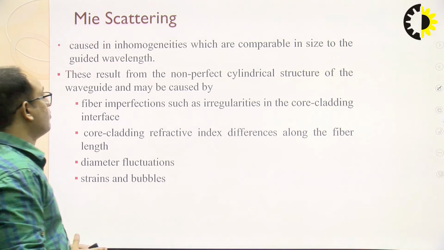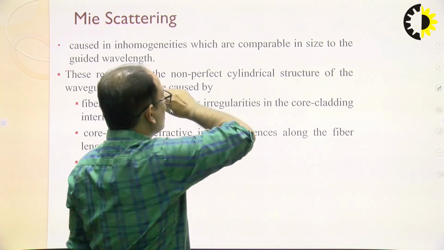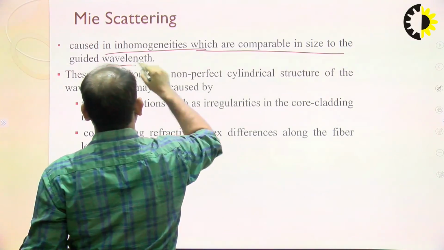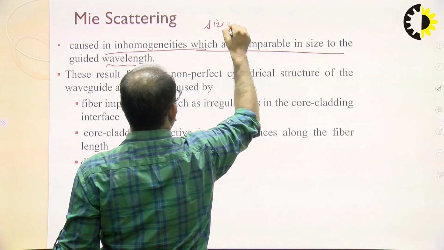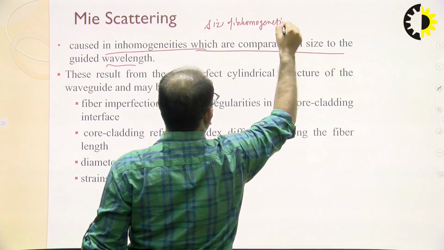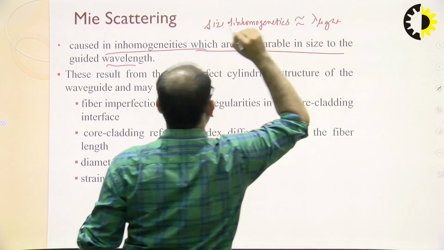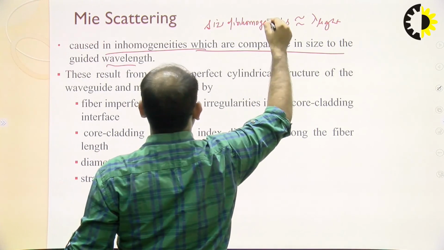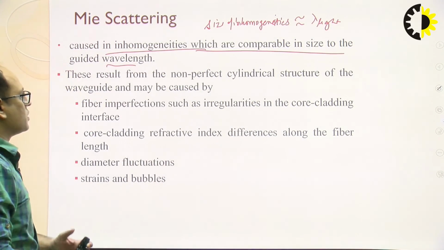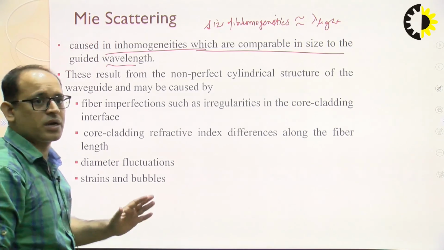Next one is Mie scattering. This Mie scattering is caused due to inhomogeneities which are comparable in size to the wavelength of light. These result from the non-perfect cylindrical structure of the fiber.